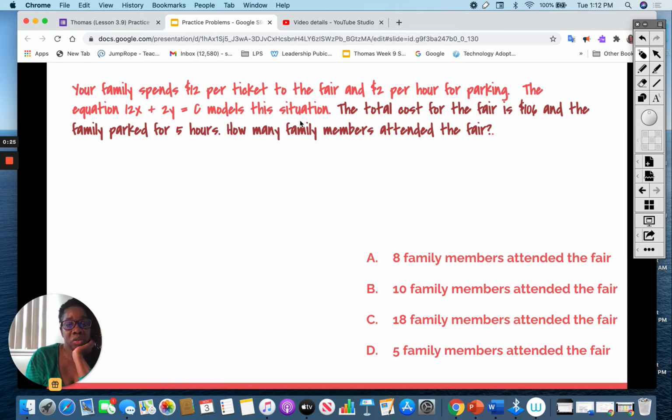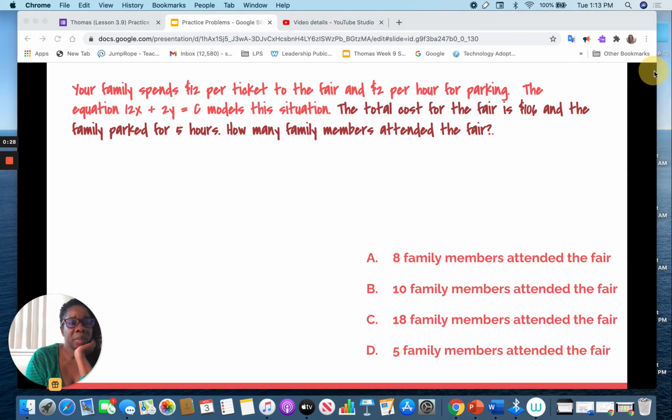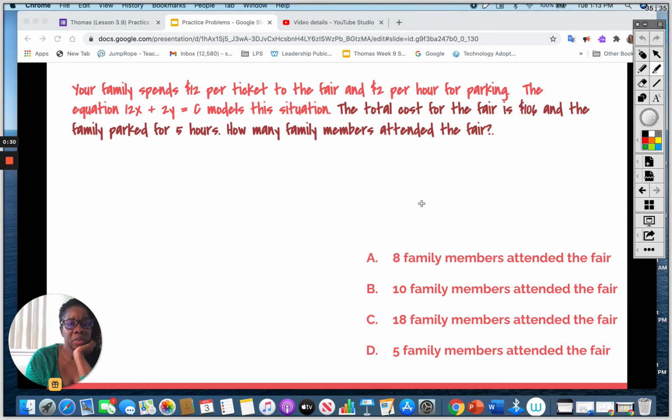So as usual, when we start, we want to start by annotating important information, or just pulling out the main information from the problem. So they spend $12 per ticket, and that's going to tell us how many family members there are. There's a $2 parking fee per hour.